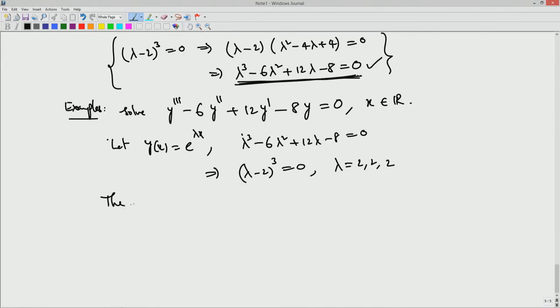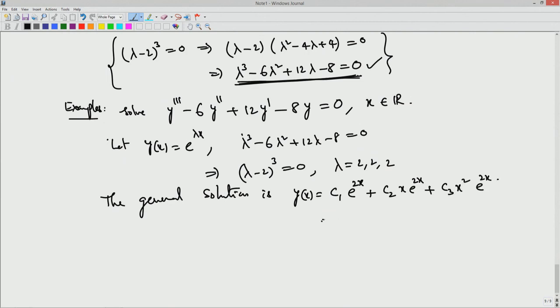So, the general solution I am directly writing: C1 e power 2x plus C2 x into e power 2x plus C3 x square e power 2x, which is (C1 plus C2 x plus C3 x square) into e power 2x. This is your general solution, okay.